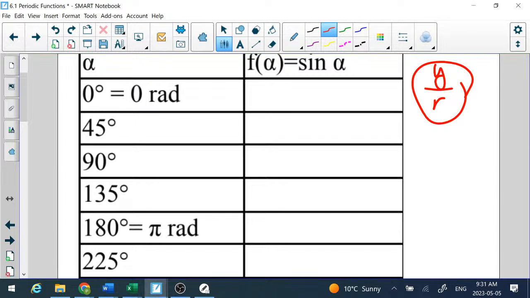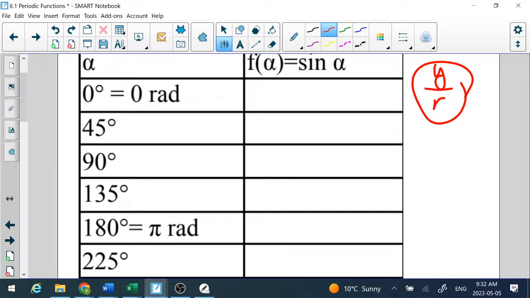It's past 180. What's the y value? You have to be in that quadrant. So what'd you say? Okay, so you see how quick this should be?